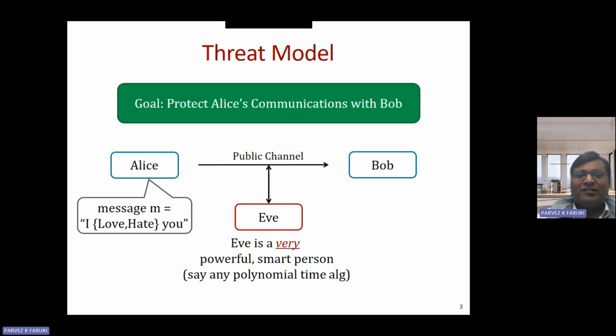Now, what is the goal? When we see this threat model, where Eve is a threat actor, the goal is to protect Alice's communication with Bob. So the client's communication with the server needs to be protected. This is the goal.